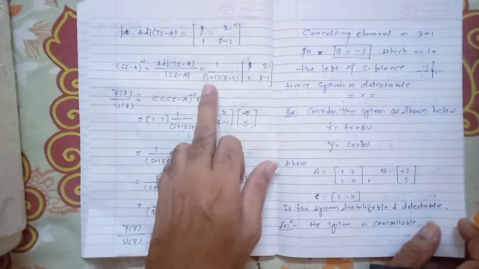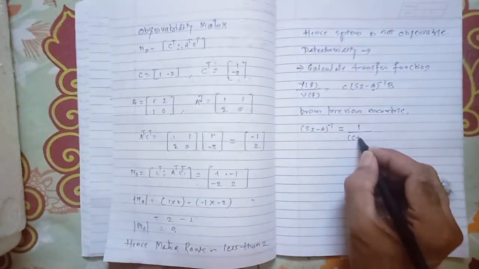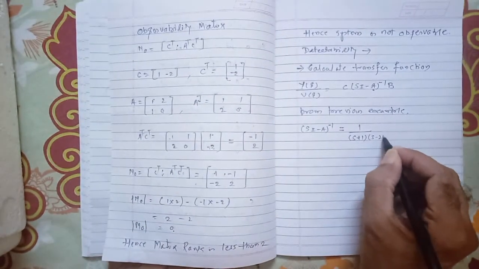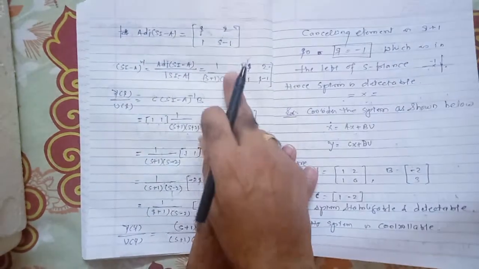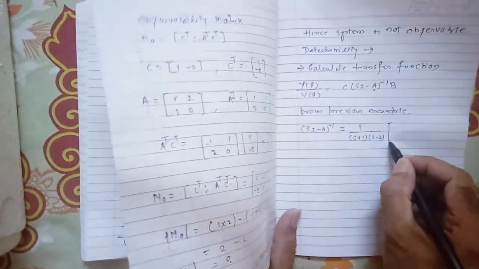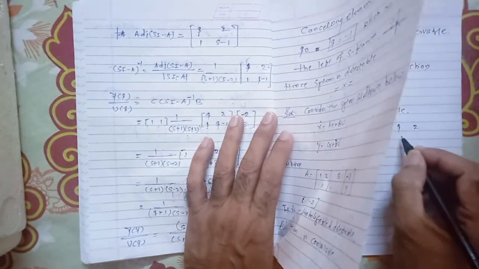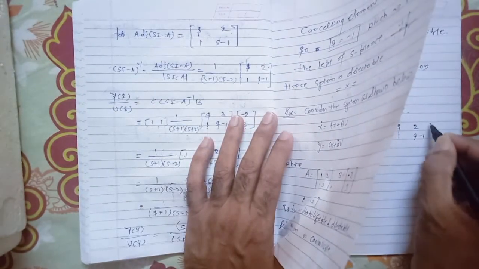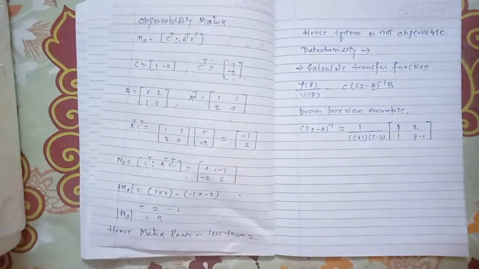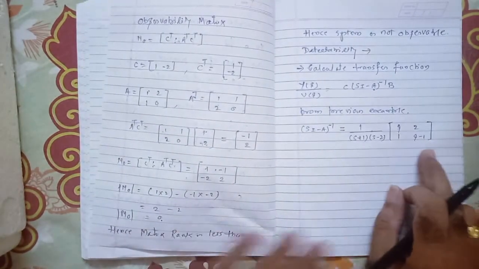(sI - A) inverse equals 1 divided by (s + 1)(s - 2), multiplied by the matrix [[s, 2],[1, s - 1]].